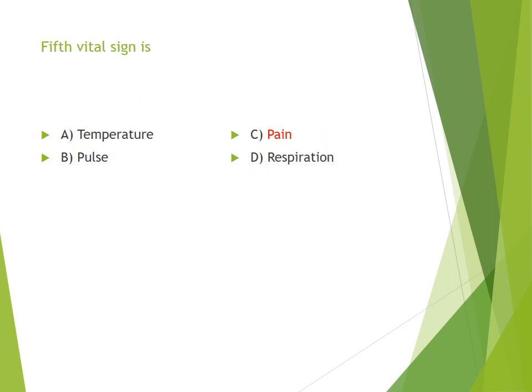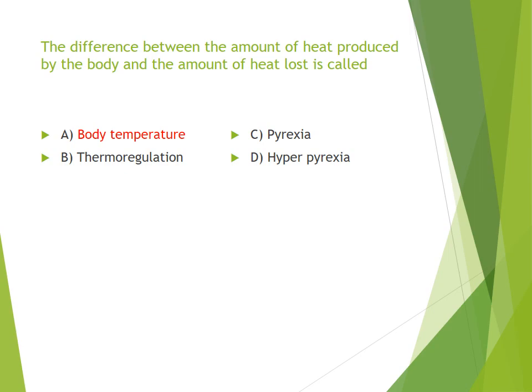Fifth vital sign is A. Temperature, B. Pulse, C. Pain, D. Respiration. Right answer is pain. The difference between the amount of heat produced by the body and the amount of heat lost is called options A. Body temperature, B. Thermoregulation, C. Pyrexia, and D. Hyperpyrexia.